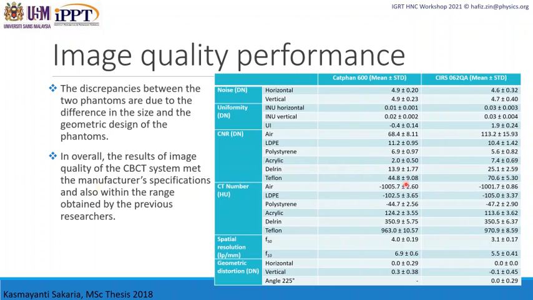Actually we did this because at the beginning, during commissioning, the acceptance test was performed using the CAPFAN phantom. However, in our daily practice, we are using the CRS phantom because we don't have CAPFAN in our department. We had to borrow it from our imaging department every time we wanted to do the test.